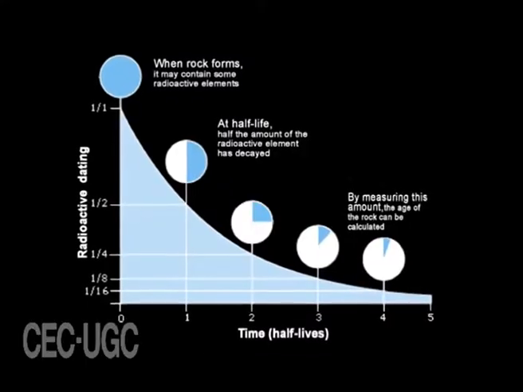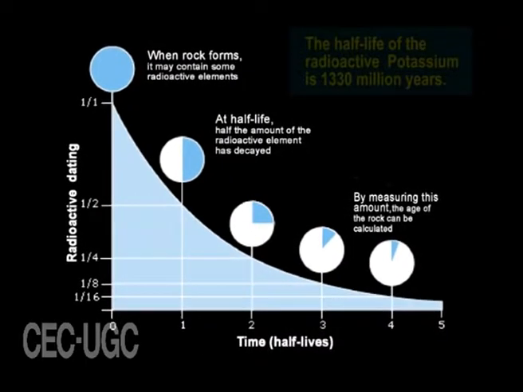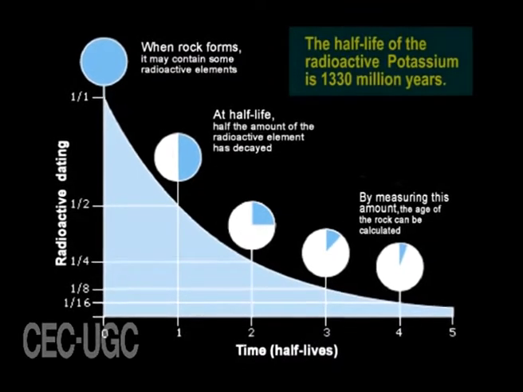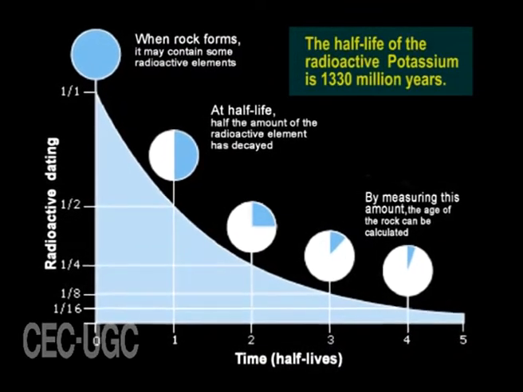a deposit. This method is able to cover a wide range of time, even far greater than the C14 method, because the half-life of the radioactive potassium is 1,330 million years.